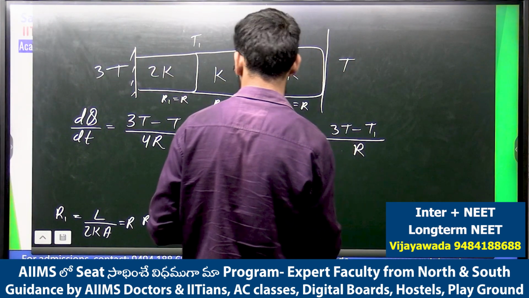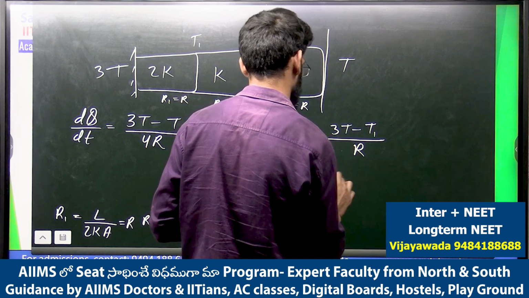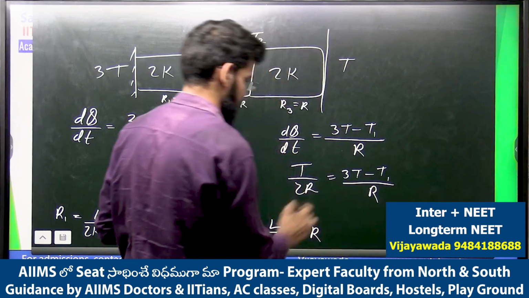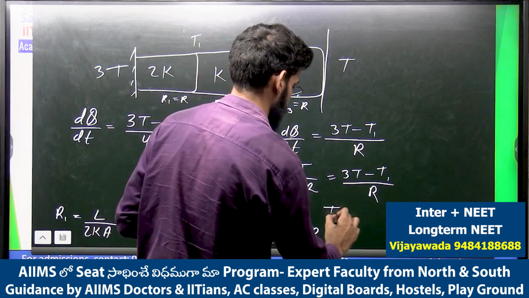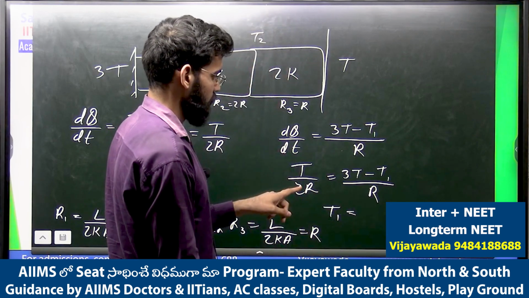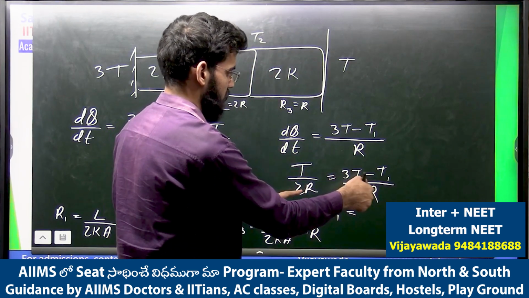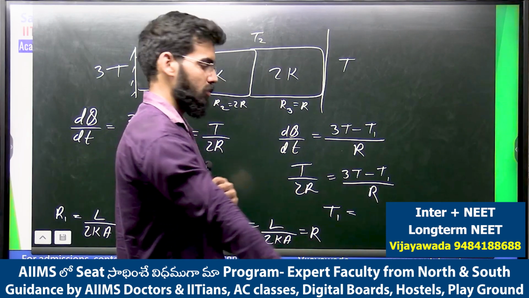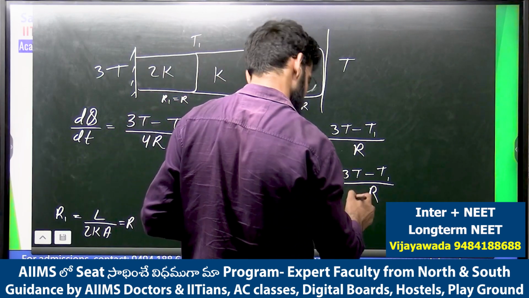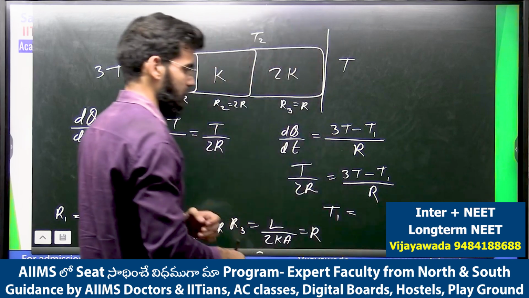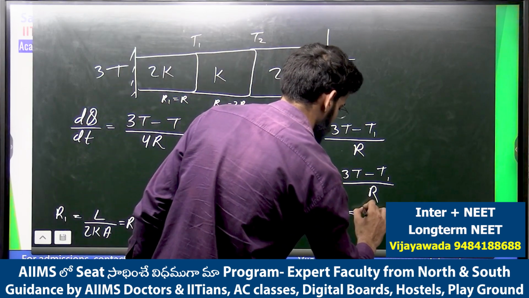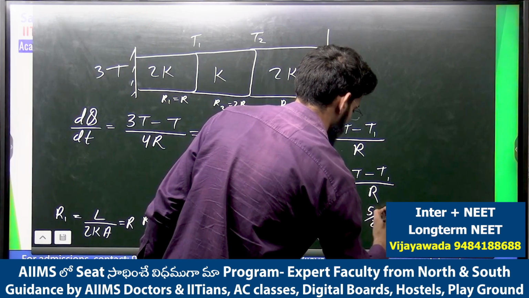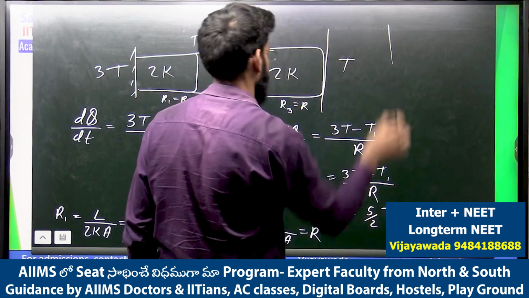So use that. t by 2R equals 3t minus t1 by R. So from here if you solve t1, this is t by 2, this is 3t minus t by 2, 3 minus 1 by 2, how much? 5 by 2, 2.5. So 5 by 2 t. This will come as t1.